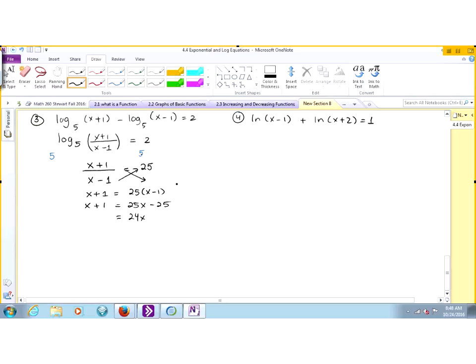So subtract x, so 24x. Add 25, so this is 26. Okay. So then it's easy. We just divide by 24 on both sides. So x is 13 over 12. You could get an approximate value if you like. But you could just leave it as 13 over 12 because it's an exact fraction, right?